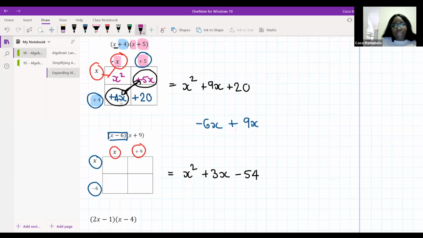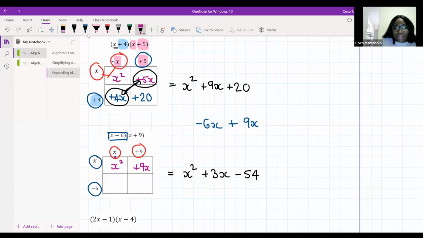If I look at this, x times x meet in this block. So I'm going to multiply them there. X times x will give me x squared. Then I'm going to track this x over here past x squared into this block. And then now I've got x times positive 9. That's where they meet in that block. And that's going to give us positive 9x.